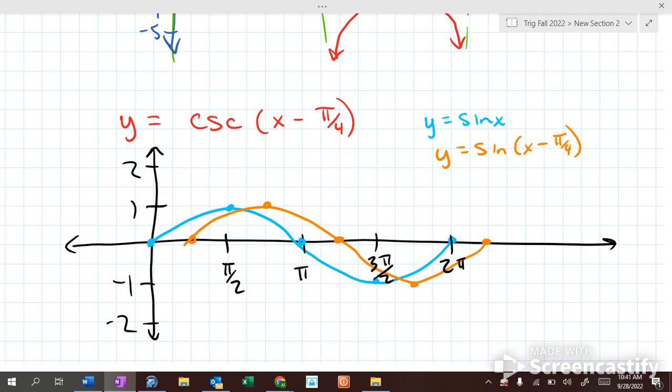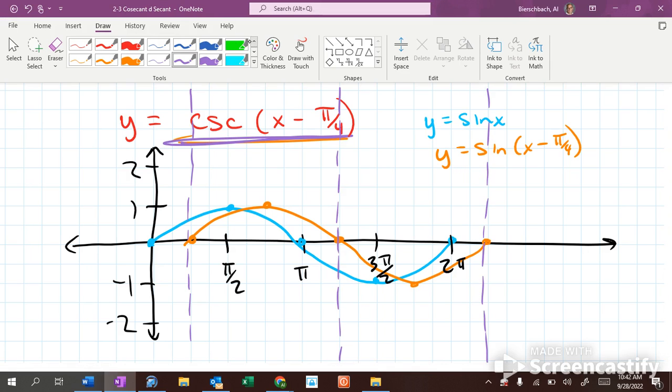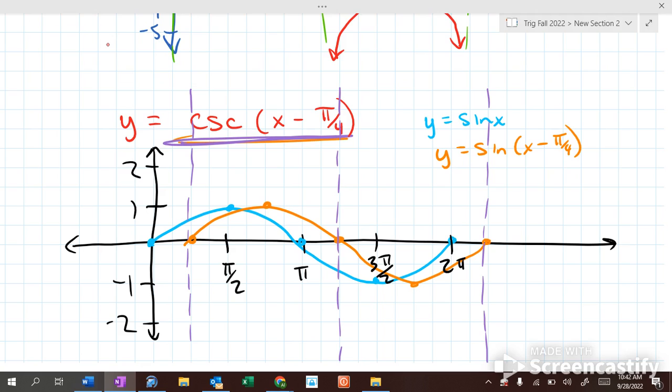So where are my asymptotes going to be located for this one? Well, my asymptotes for this are going to be where my original sine function hits the x-axis. And then I just graph my parabolas.